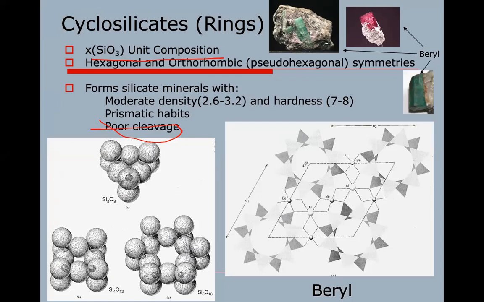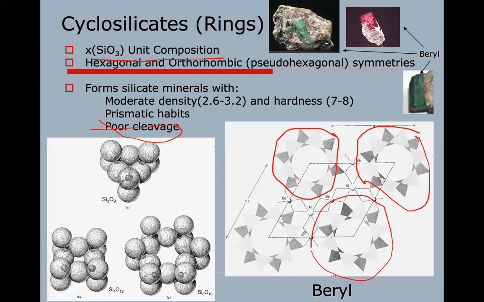Some of the examples. Okay, before that, you can see the rings. These are the rings. In the crystal structure, they are joined. So this is a ring type structure. It's also a sort of complex structure.